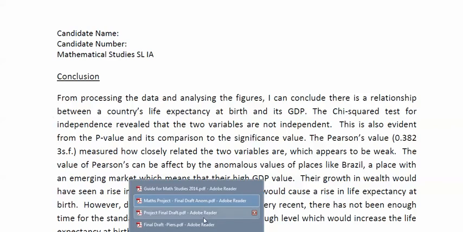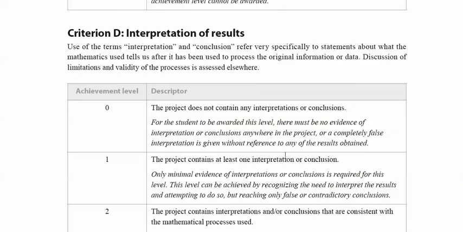It's got to be flowing through your project. So every time you do something, interpret the result. Now, how the mark is rewarded. If you basically write some utter rubbish that has no evidence to back it up, and it doesn't reflect the results that you've got, you get nothing. For example, let's say your data shows absolutely nothing, no correlation whatsoever.